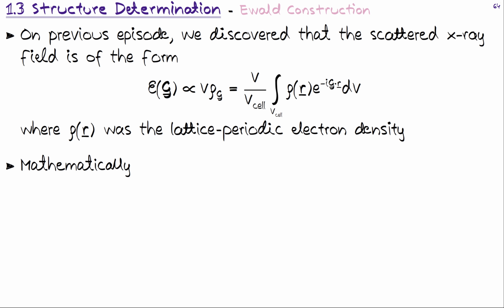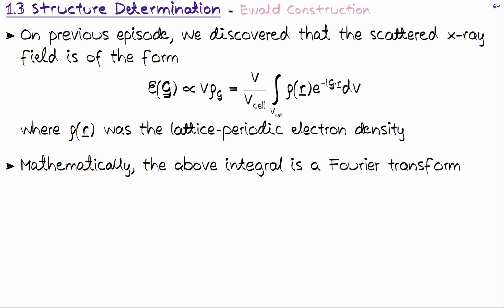Mathematically, of course, what we see, this above integral, is really a Fourier transform, and that's what we're mathematically doing. And that's also what the reciprocal space is in practice. It's our description of a function in the Fourier domain.